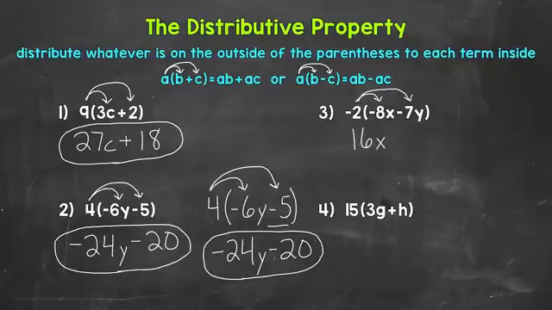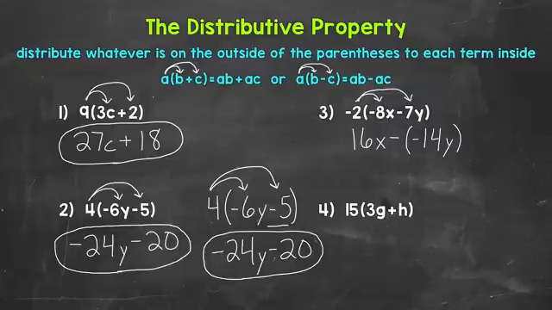So -2 times -8 is a positive 16, and then we have that x. Then we can bring down the subtraction sign, and then we have -2 times 7y. That gives us -14y. Now this is correct, but we can clean this up a little bit, so to speak.